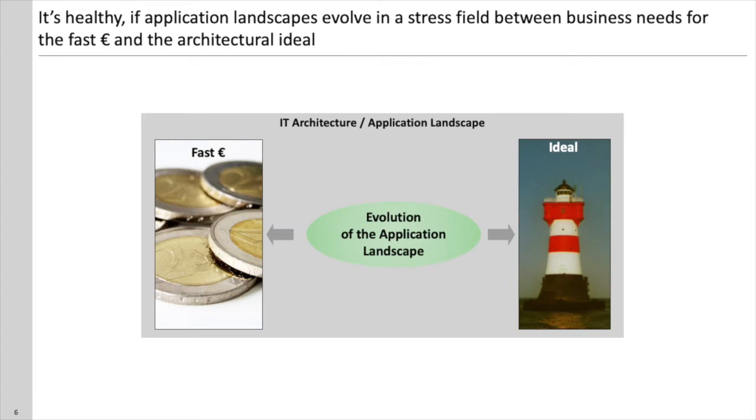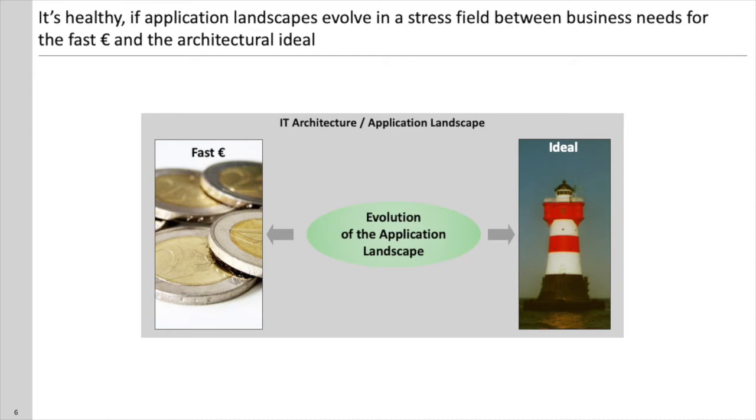I want to come back to the idea of the managed evolution. And to understand that, I told you in the first lecture too that what is always there is the need for what we call the fast euro, in quotes. Business, it's their job to create new products, to sell new products, to make the money, and therefore they need IT support.